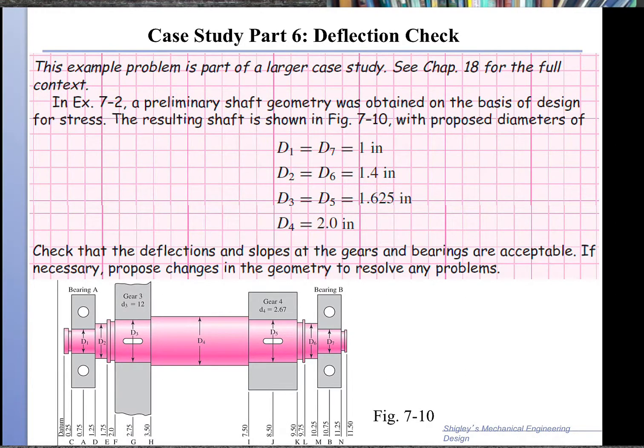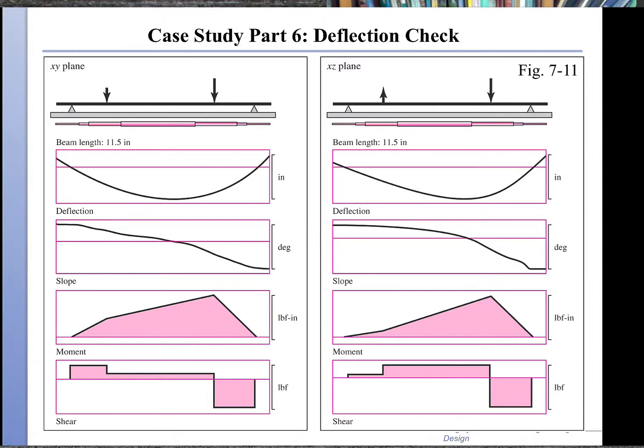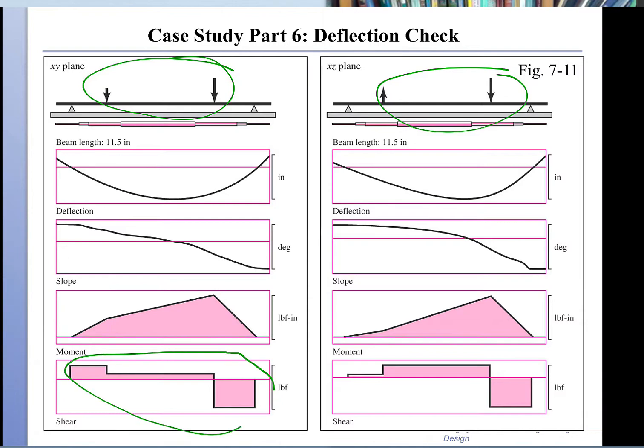So this is a starting point for the deflection, and then we did deflection calculations given that we have the applied forces on the XY plane and on the XZ plane, and from the forces we obtain the moments, and the moments we integrate once we get the slope, and then we integrate another time we get the deflections. I'm sorry, let me just backtrack here.